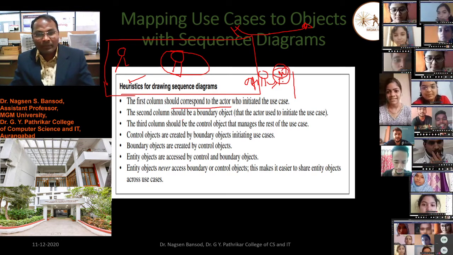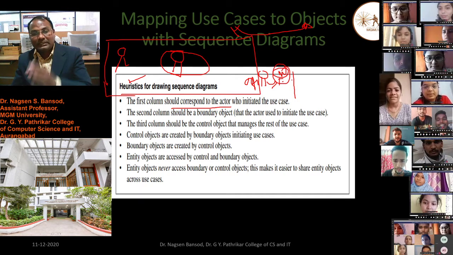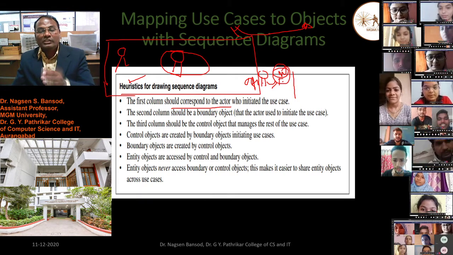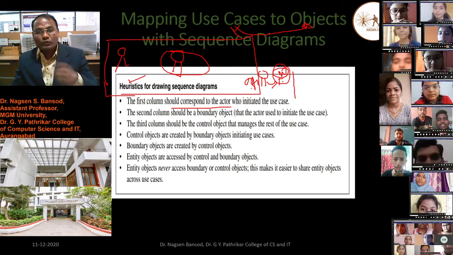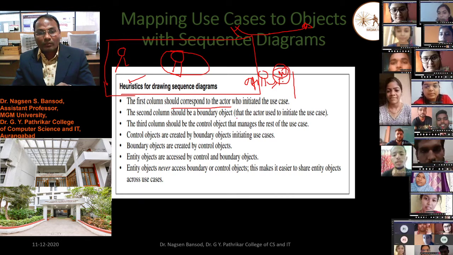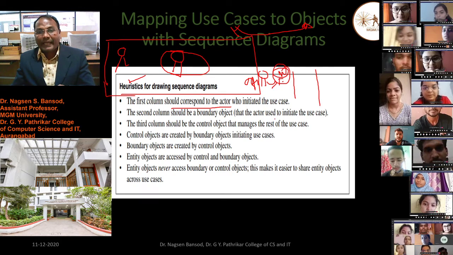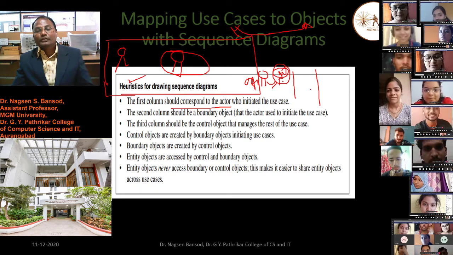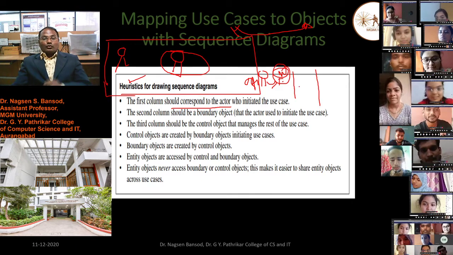The second column should be the boundary object. That is, the actor uses a boundary object to initiate the use case, so a submit button or create message should be here.